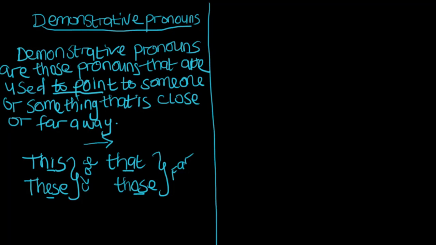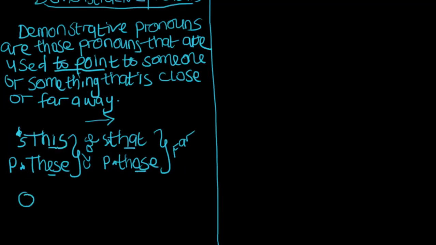So we'll be taking examples. First of all, before we take examples, this is singular. These is plural. That is singular. Those is plural. So let's take some examples. For instance, this is me, or this is somebody standing here, and the person has a book here.